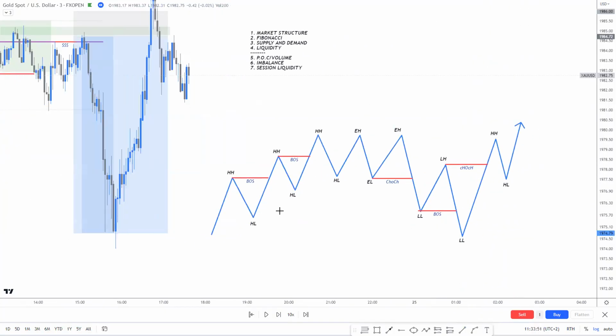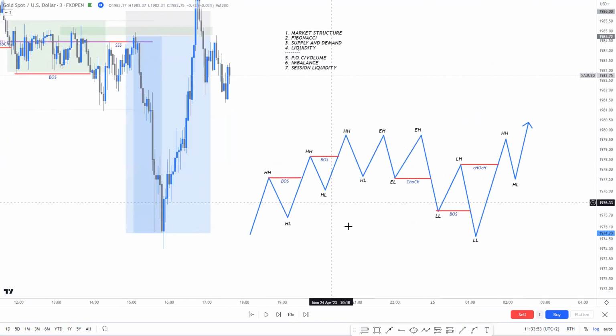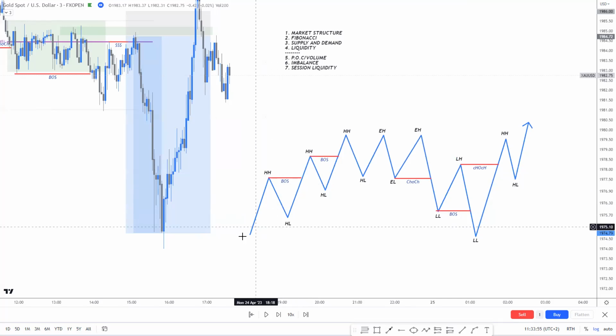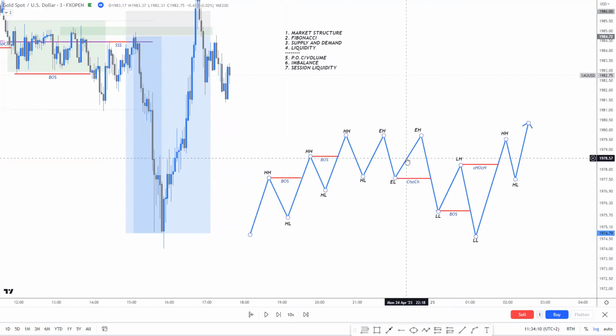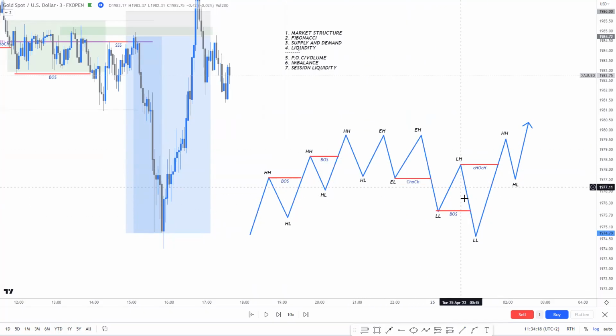So pretty much, hope you understood it with this example. Break of structure is when price is trending, when it breaks the highs or the lows, on an uptrend. When price creates a new higher high, breaks the last higher high to create a new one, that's a break of structure. And when price is trending to the upside, but then changes to the downside, for example, the first break of structure, from the higher high to create a new lower low, that's a change of character, then break of structure again.